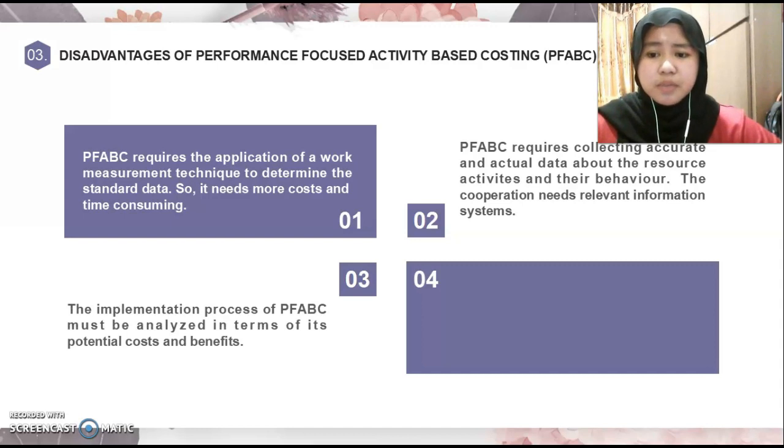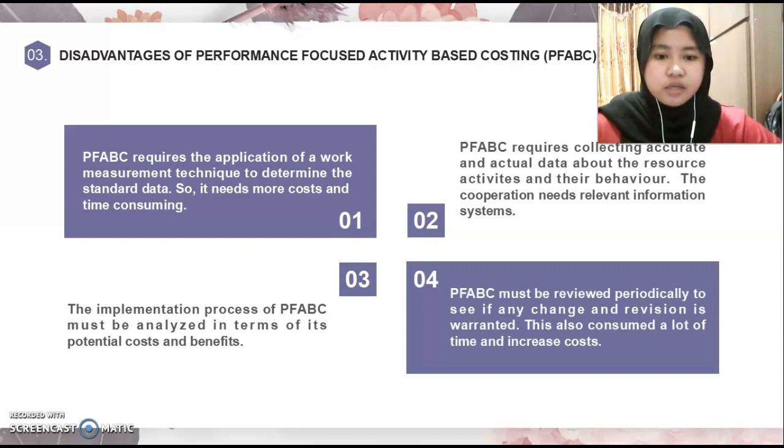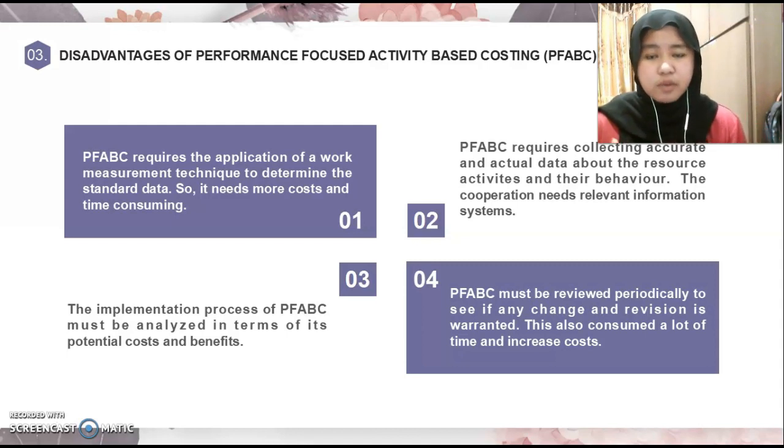Third, the implementation process of PFABC must be analyzed in terms of its potential cost and benefits. And the fourth one is that PFABC must be reviewed periodically to see if any changes and revisions are warranted. So this also consumes a lot of time and increases cost because we have to check PFABC every time. For example, we have to review it at the end of the month.